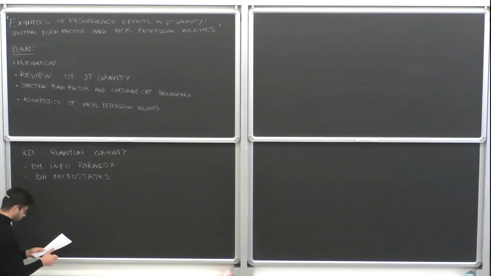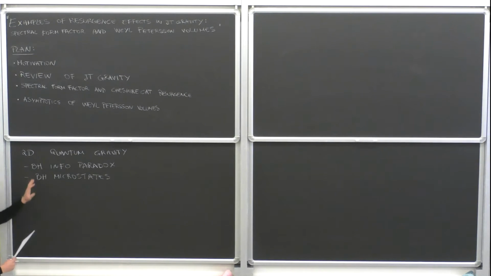What's more, this theory is also completely solvable and has a holographic duality. So by studying this theory, we hope, and we are doing so, to learn something new about holography and the holographic dictionary. So the motivation is clearly holography.